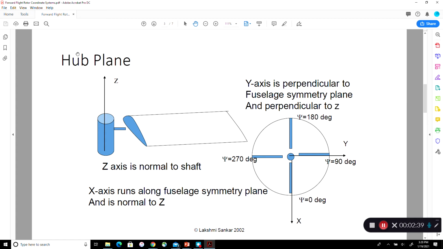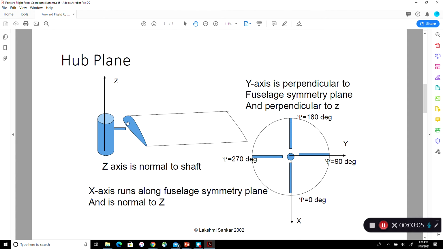This is called a hub plane or a shaft plane. Alpha is the angle the free stream velocity makes with this disk, so that particular alpha will be called alpha shaft, or alpha sub S. S stands for shaft.